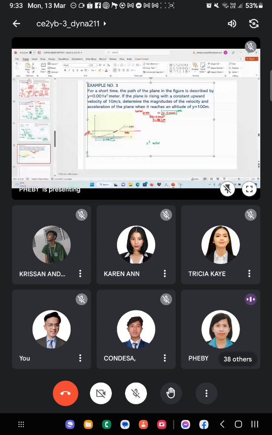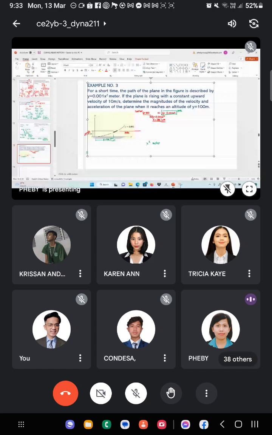So for constant velocity or uniform motion, our s is equal to velocity multiplied by time. So therefore, yung y natin will be velocity y multiplied by the time. If y is 100 meter altitude, and velocity is 10 meter per second, we can compute the value of our time. So, as y is equal to 100 equals 10t, time is 10 seconds.